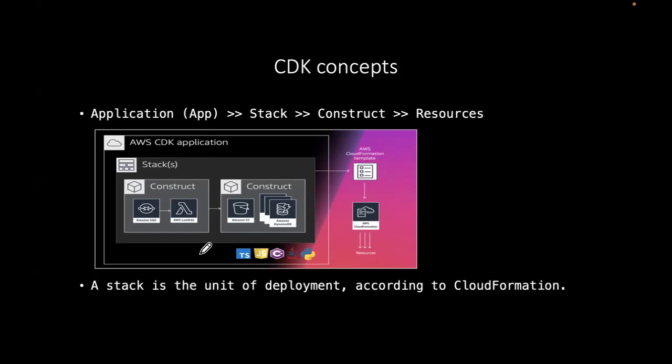And when you run a CDK app, it actually generates the CloudFormation template. Because at the end of the day, we are going to be using the CloudFormation service to do the heavy lifting for us. And the CloudFormation service only understands CloudFormation templates, that YAML and JSON stuff that I was talking about a few slides back.